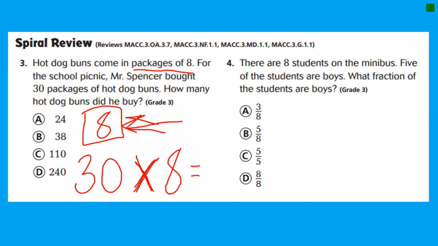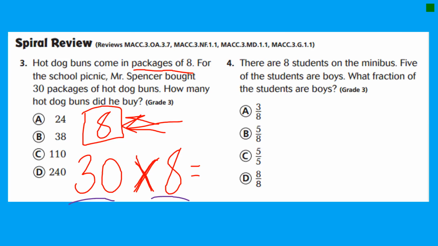I am thinking I'm going to need to do my basic fact here. So basic facts, you know, those are those times tables you learned in 3rd grade. 2 times 7, 8 times 6, 4 times 4, basic facts. So I'm looking at 30 times 8.